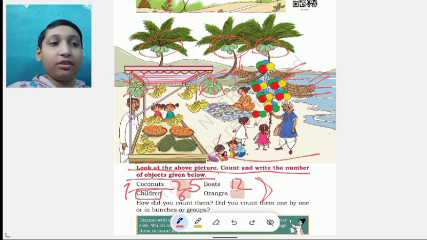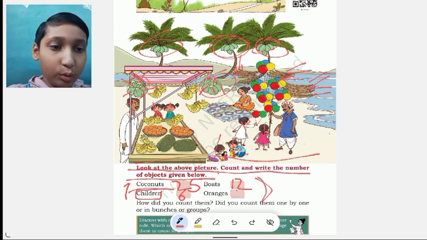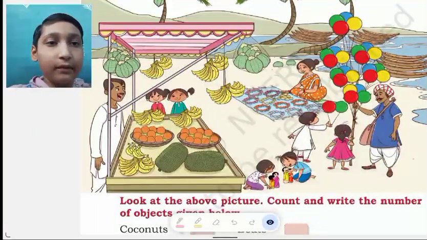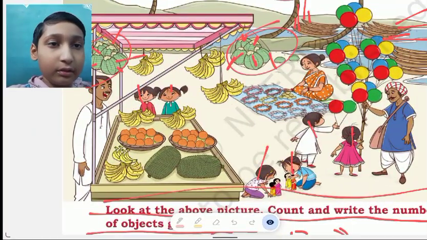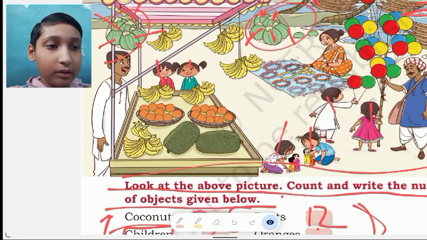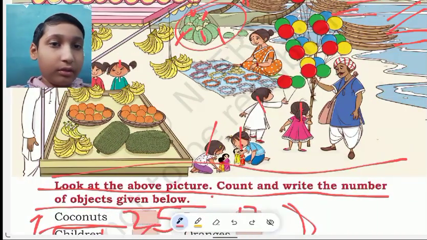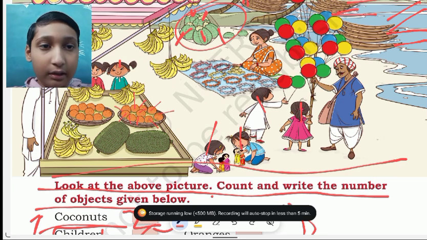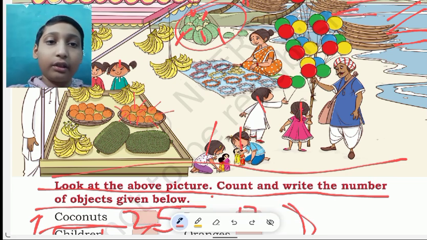Now how many oranges are there? Firstly, you have to zoom in for this. There's one, this firstly, 1, 2, 3, 4, 5, 6, 7, 8, 9, 10 oranges.